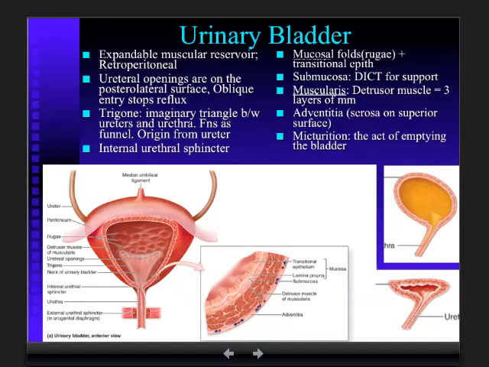And the detrusor muscle is smooth muscle that's able to contract and helps you to empty your bladder. And so this is smooth muscle layers again under the control of your autonomic nervous system.